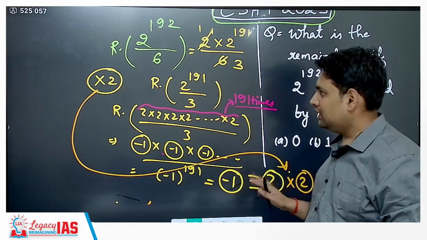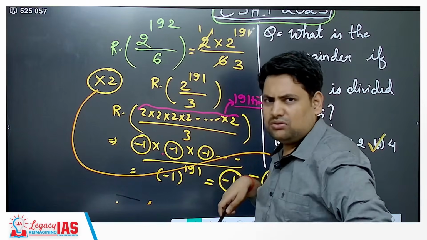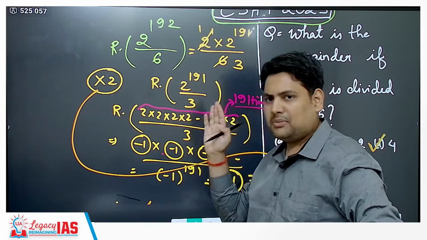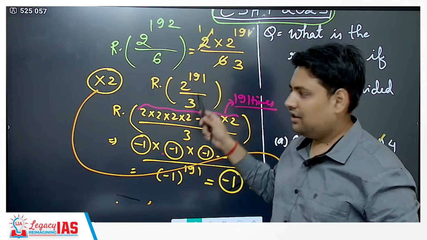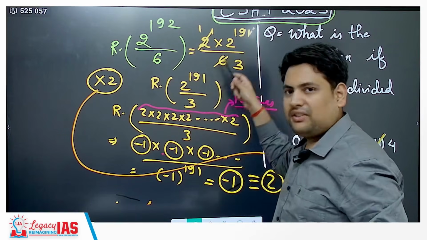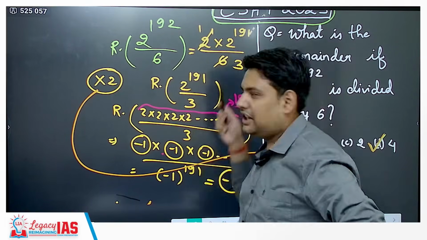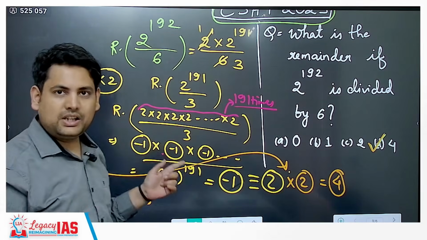If I were to do it, I can even do it orally. How? I see 2 power 192. So I see that a 2 I must separate and cancel with 6. So that I did, and I would remember that I had to multiply with 2 eventually. Now 2 power 191, I know 2 divided by 3, I can directly write. 2 divided by 3 will give me remainder minus 1.